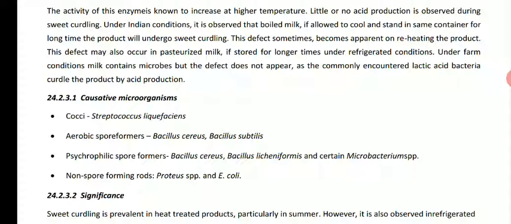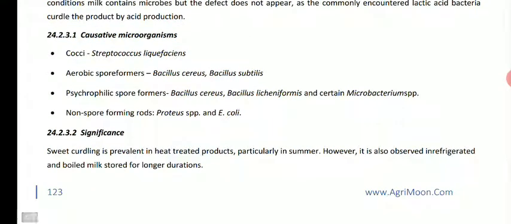Under farm conditions, milk contains microbes, but the defect does not appear as commonly, since lactic acid bacteria curdle the product by acid production. So what types of microorganisms cause curdling of milk? These include cocci, especially Streptococcus liquefaciens.